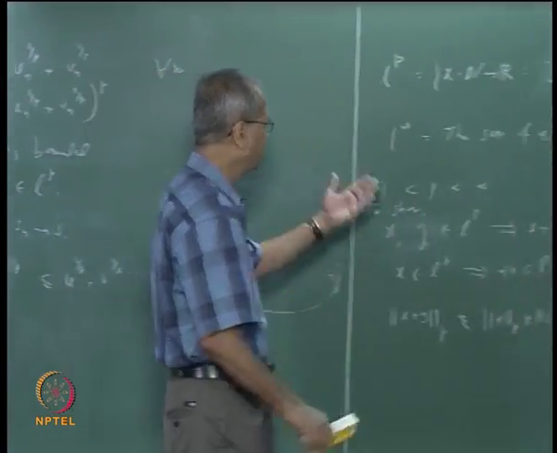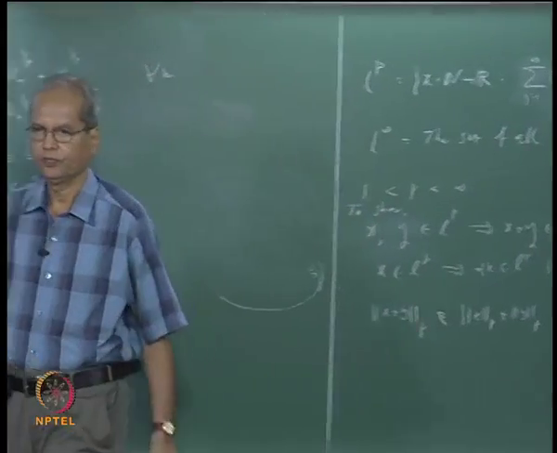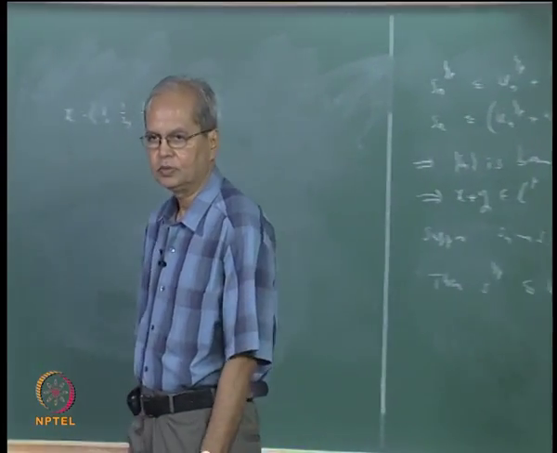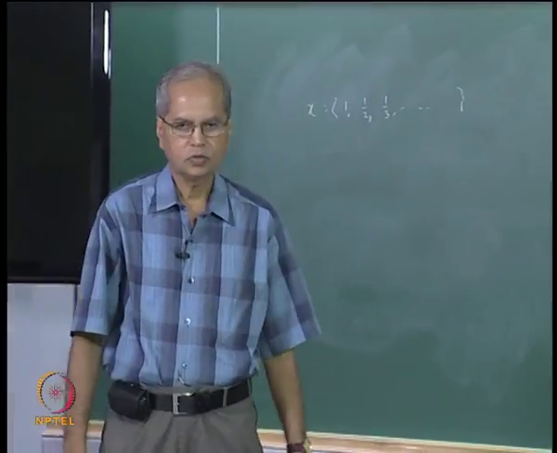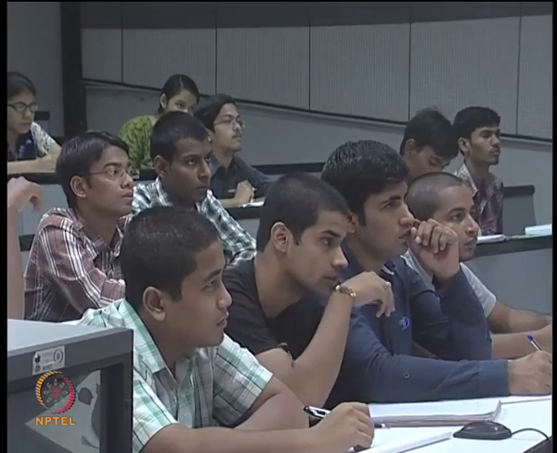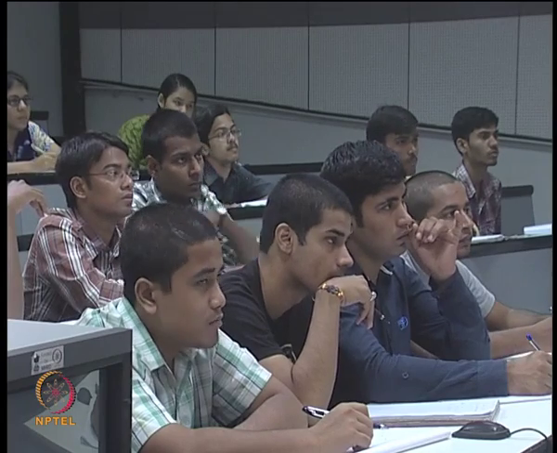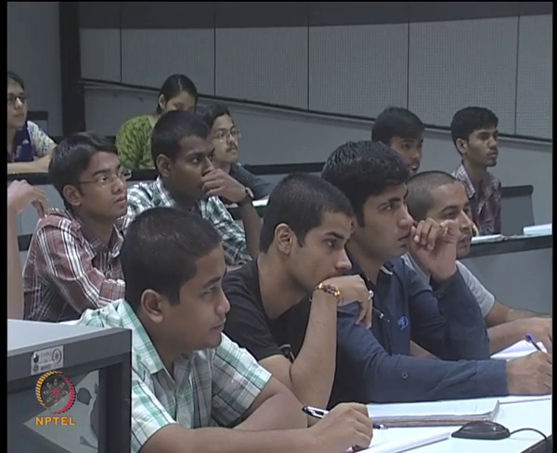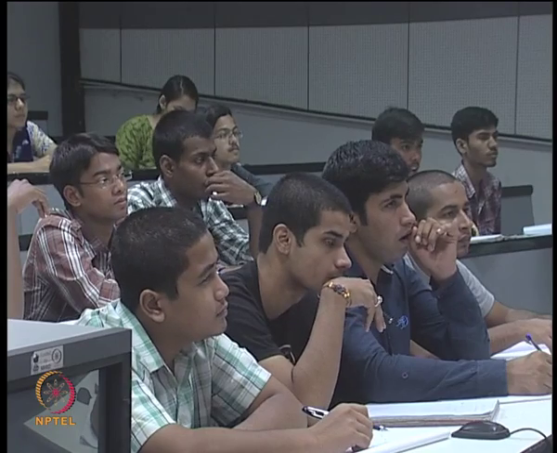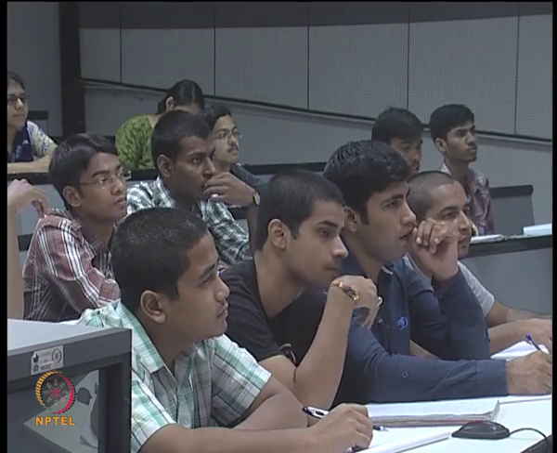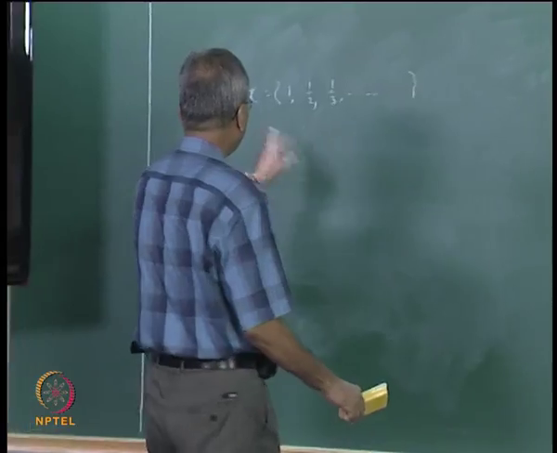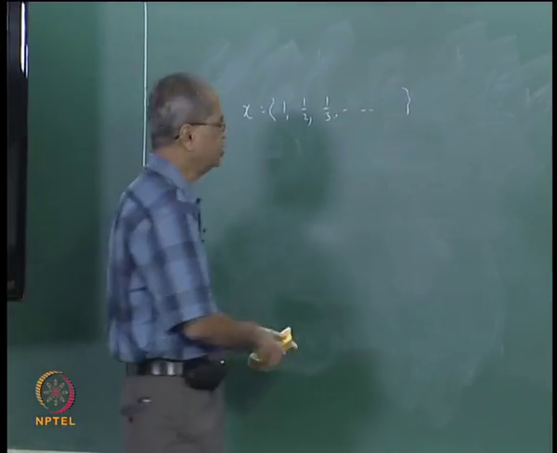Does x belong to L infinity? What is L infinity? Is it a bounded sequence or not? It is a bounded decreasing sequence of non-negative terms. So each term is bigger than or equal to 0 and less than or equal to 1. So this belongs to L infinity.